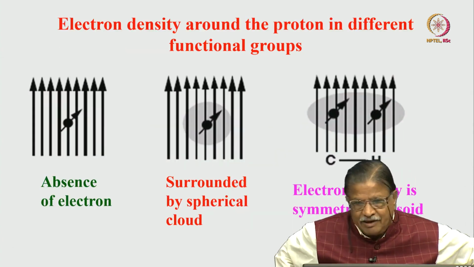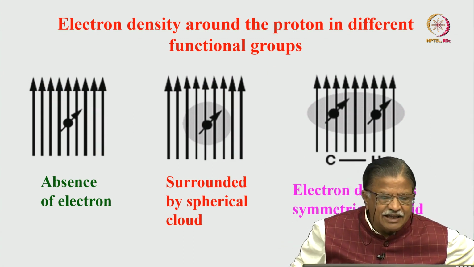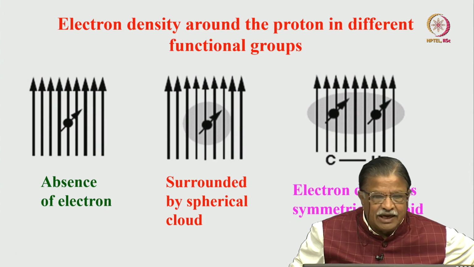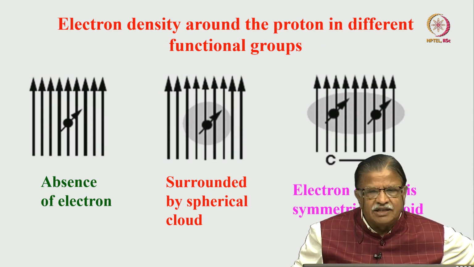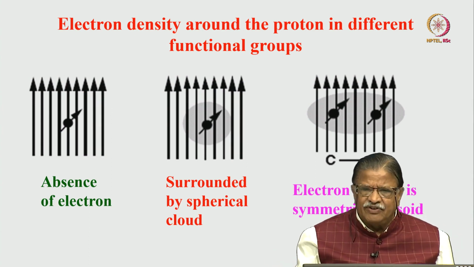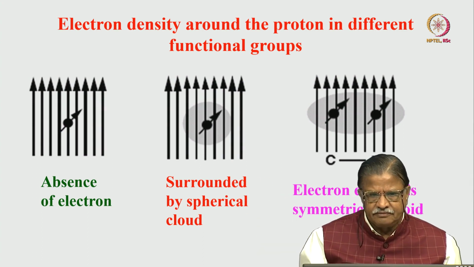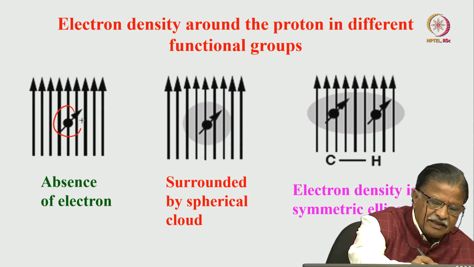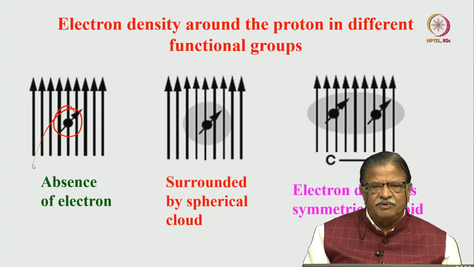Let us try to understand a bit more what is happening. Consider a bare nucleus, no electrons surrounding it. Of course, it is a hypothetical situation. Think of a nucleus with all the electrons knocked off. Then if you look at the charge distribution at the site of it, there is no charge distribution at all.